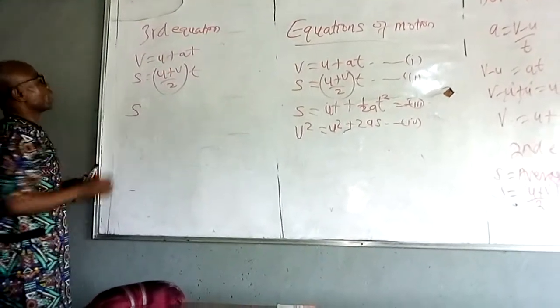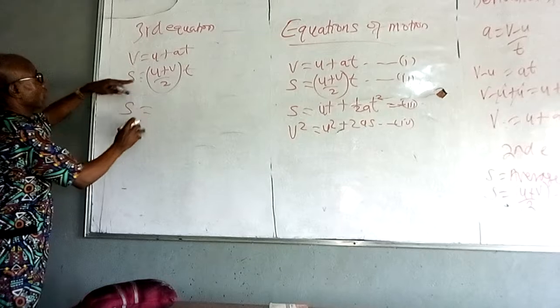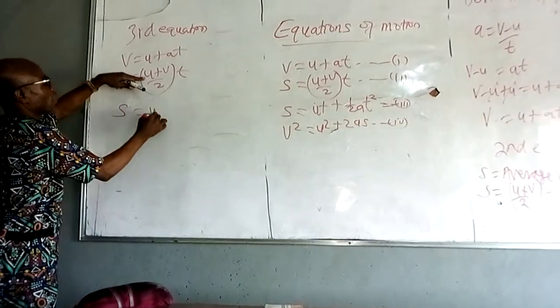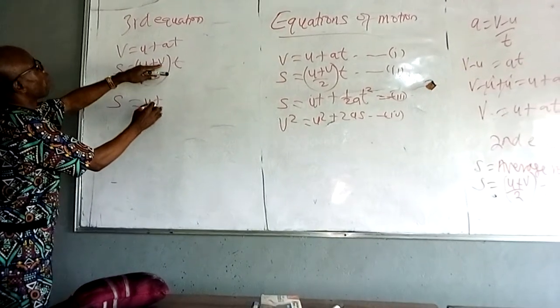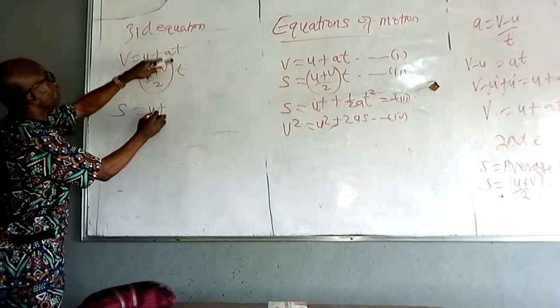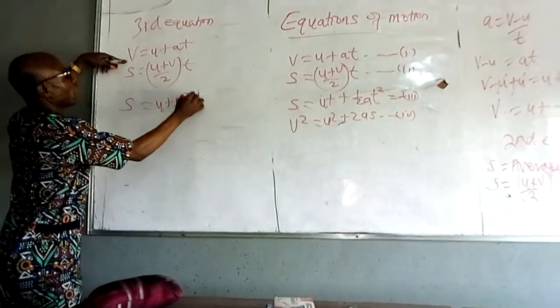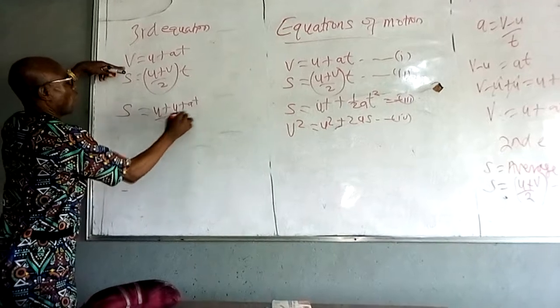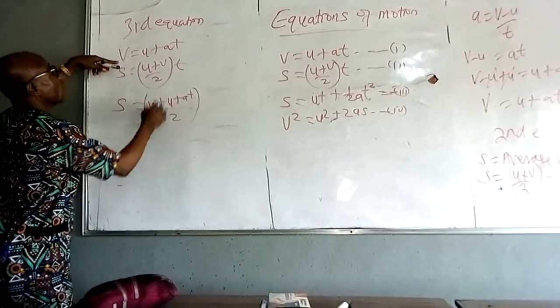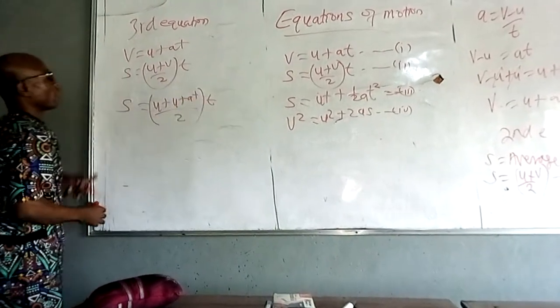So this distance s is equal to u plus v. Instead of v, we put u plus at because that represents v. So we have u plus u plus at all over 2 times t.